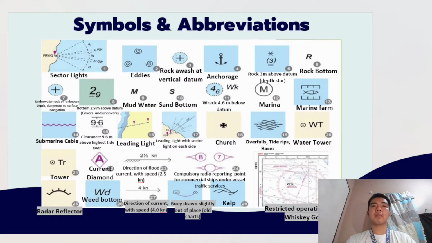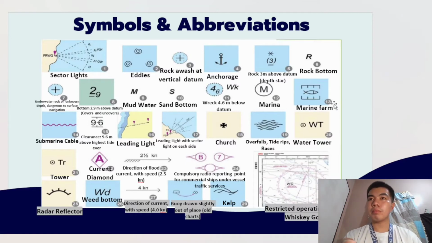So here I have some examples of symbols and abbreviations that are shown on a chart. For example, number 2: if you see a symbol like this, it looks like a whirlpool. And for example, number 4, there is a symbol which shows an anchor, meaning anchorage.